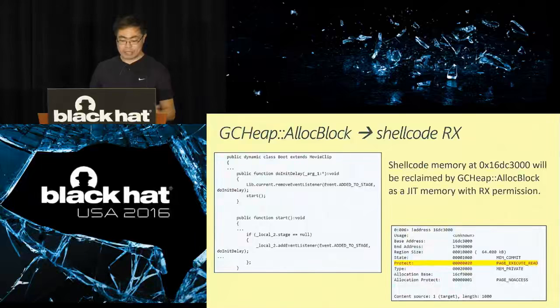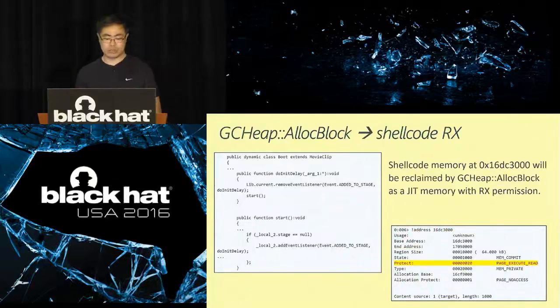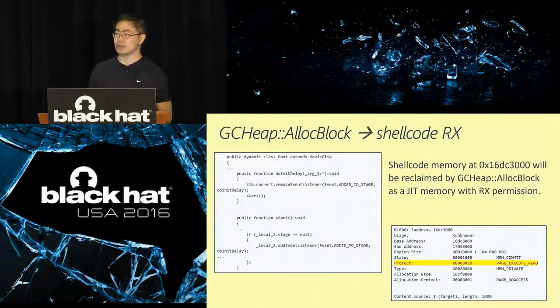And whenever this event handler, which is very short code, is called, the GC heap alloc block will try to allocate the JIT memory from this free list space. And it will just reuse the byte array we allocated before, and it will just change the permission bit to RX. So this is the technique they are actually using.